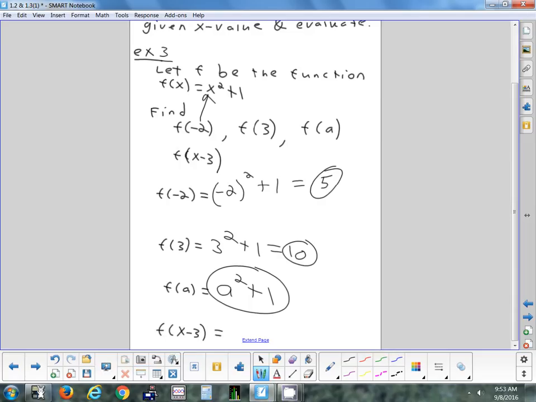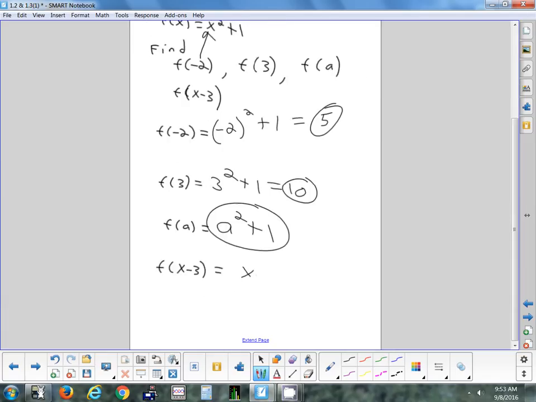And if they ask me to plug in something like x minus 3, now from what I learned in Algebra 1, I need to FOIL that out. So I'd get x squared minus 6x plus 10. Some people call it distributive, some people call it FOIL.